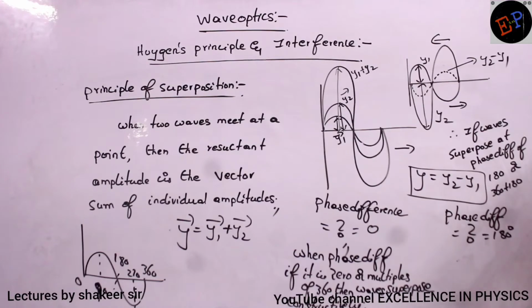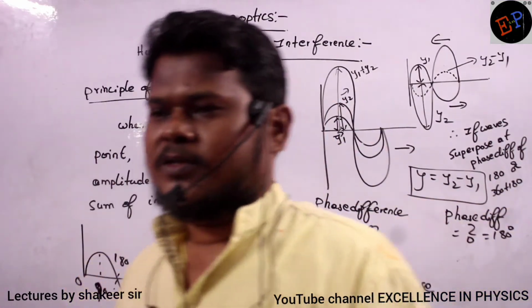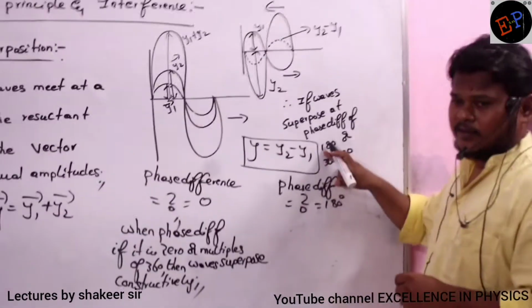The phase difference must be 180. If my phase difference is 360, it means 0 only, no? Phase difference 360 means 0. Okay? So the difference should be how much? 180.